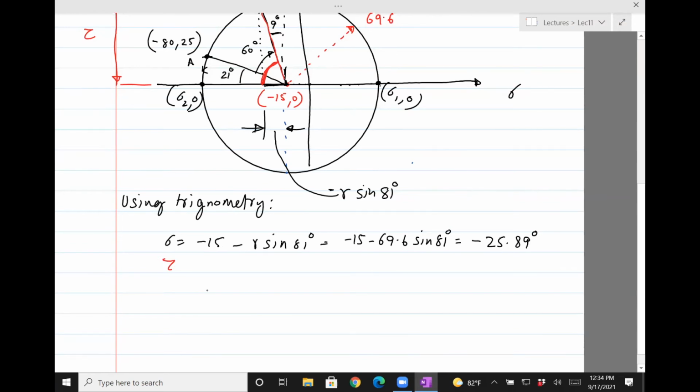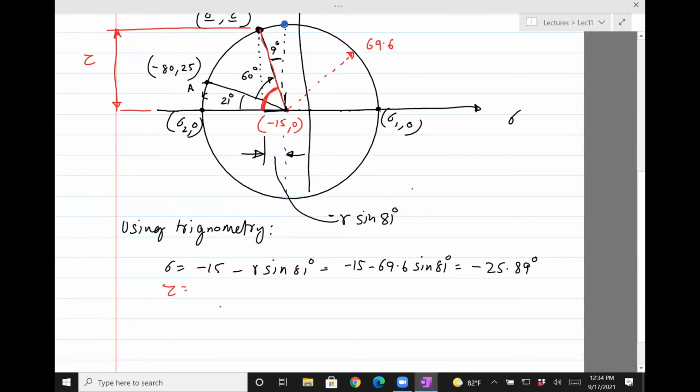So it is r times, oh, I think I made a mistake. Is this cos? It's cos. Yeah, I made a mistake. I have the answers right because I copied from my notes, but this is not sine. It is supposed to be cos.